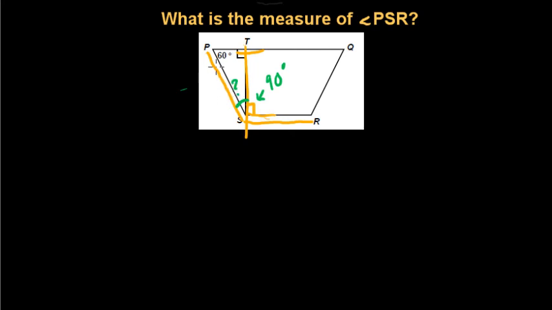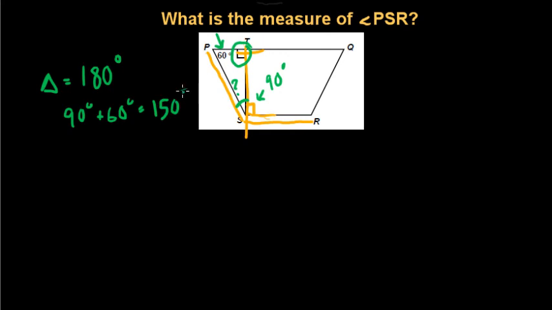Okay, so we're dealing with a triangle here, and we know all triangles, the sum of their angles equals 180 degrees. Okay, I know that that angle is 90, and this angle right here is 60. So 90 plus 60 degrees equals 150 degrees.